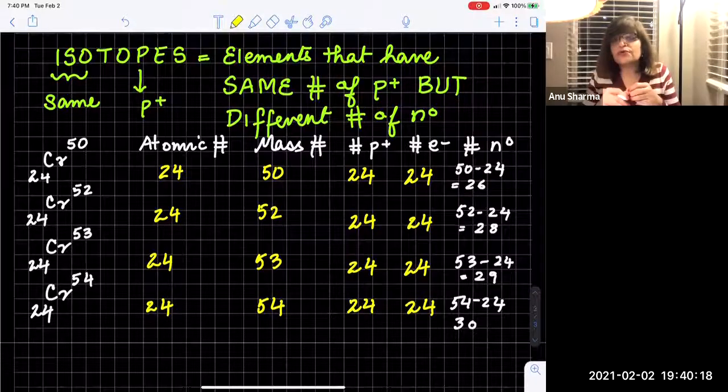But we can't overlook that, because matter, right? We cannot play around with the matter. So we have to factor in all these different types of chromium that are found in nature, even if it's in a small trace amount, and that's called the abundance factor.